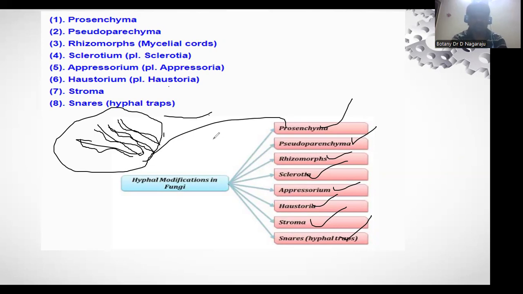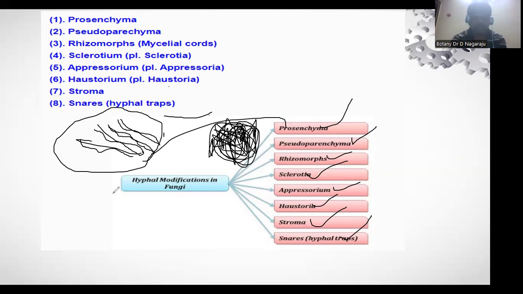Okay. If the mycelium is tightly coiled, all the mycelial cells tightly packed without any distinguishing differentiation, this we call pseudoparenchyma.